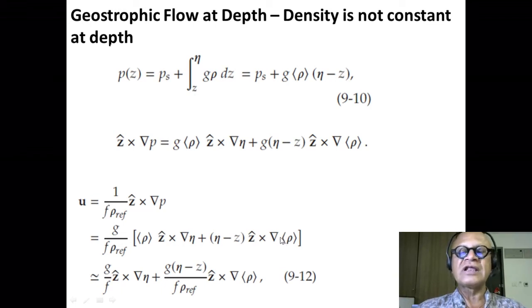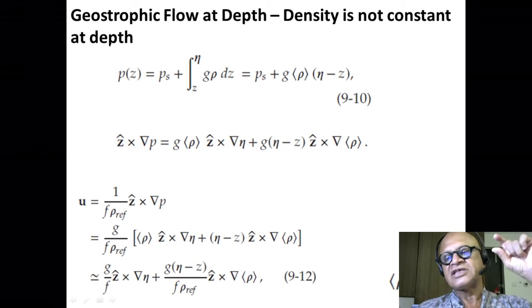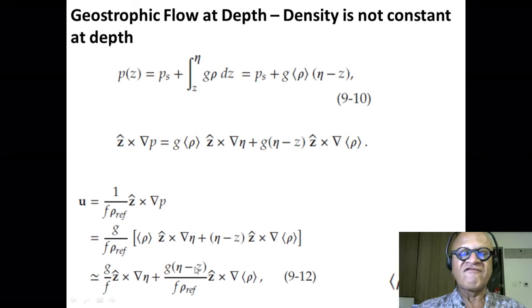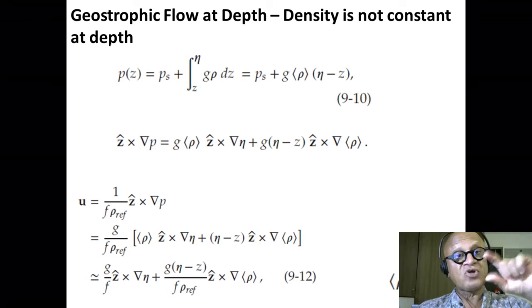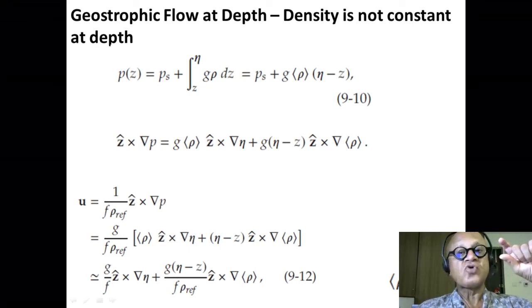so the horizontal gradients of density, where we have now approximated the column density as rho ref, which is fairly valid. So this is not ignoring density gradient, it's just making an approximation in the vertical, because remember this angular bracket rho is a vertical average, not horizontal.